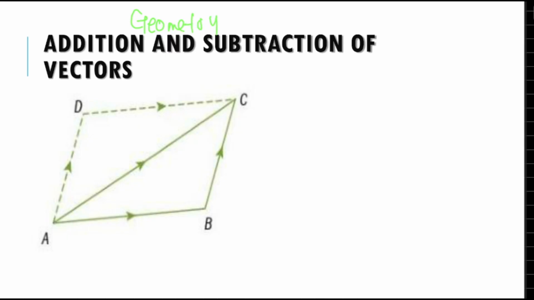Geometry has to do with shapes. So here we have vectors A, B, and C and the resultant.